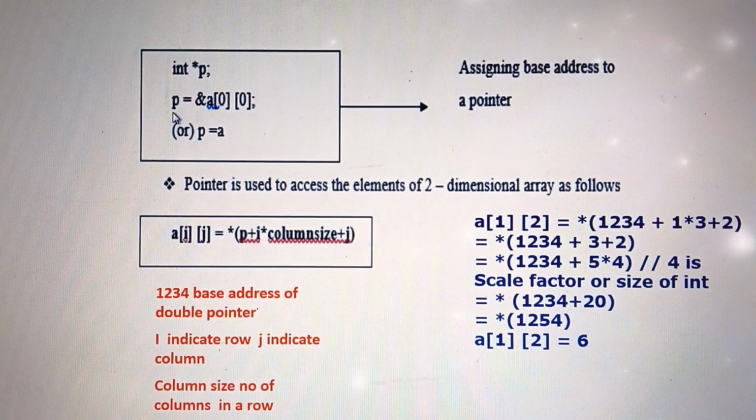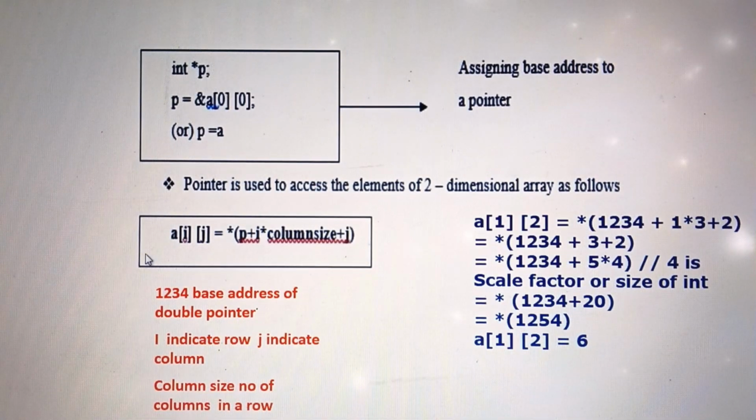Now, how to access the elements of the double dimensional array? We have to follow this expression. Let us discuss how to derive the expression and how to execute it. Here, first is the pointer notation. Then how do we execute this expression? P, that is the base address of the first element, 1 2 3 4, plus the row number.